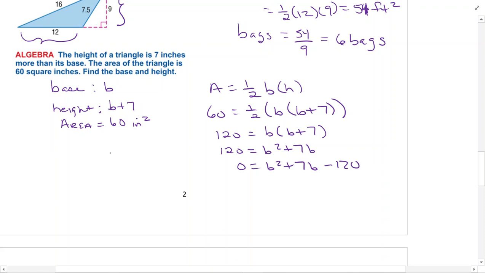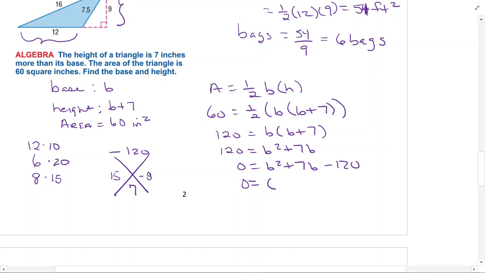So I need to find the factors of negative 120 that add up to be 7. The first thing that comes to mind is 12 times 10, but those are not 7 apart. Taking the 2 out of the 12, I would have 6 times 20, which again is not 7 apart. Trying something different, let's try 8 times 15, and that's 7 apart. So it'd be 15 and negative 8.